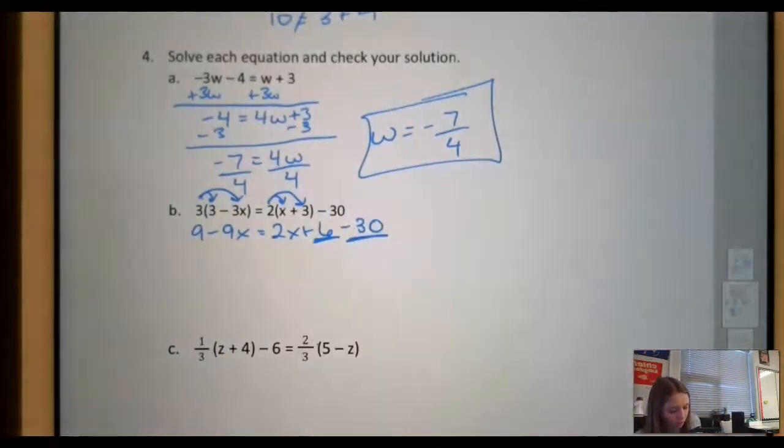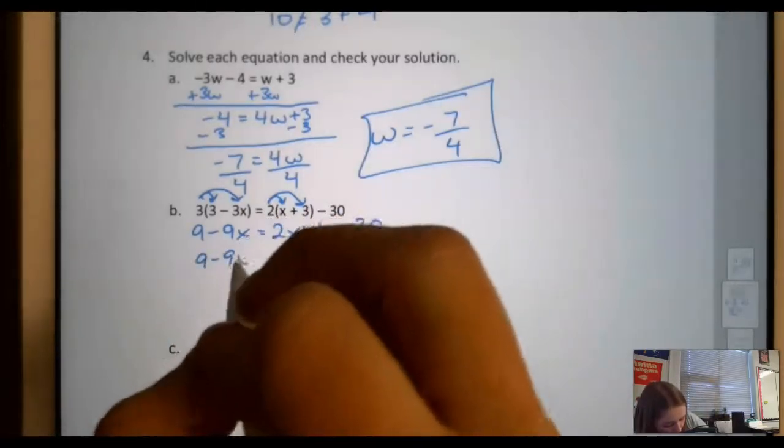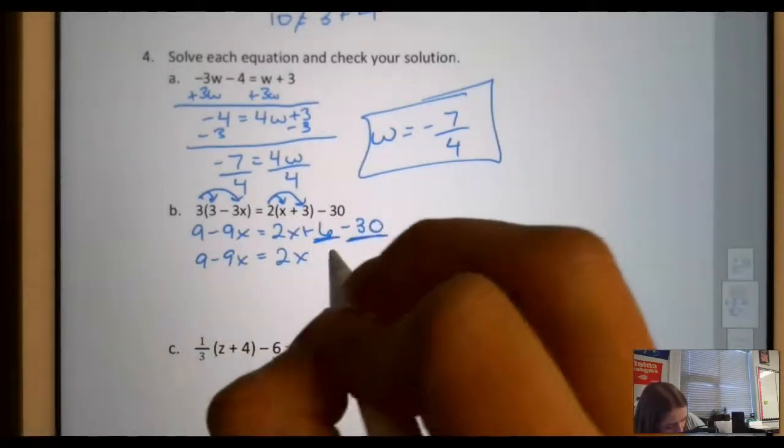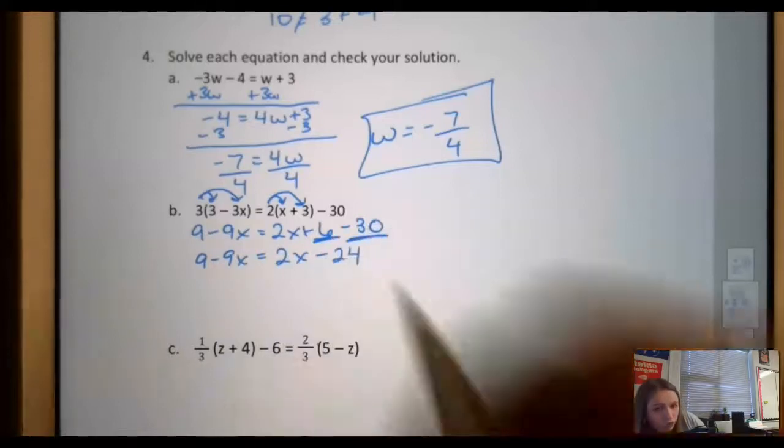Like terms right here. So if I owe Mr. Huntley $30 and I happen to have $6 on me, so I pay him back $6, I only owe him $24 now. So I would write that as negative 24 because I owe 24 still.